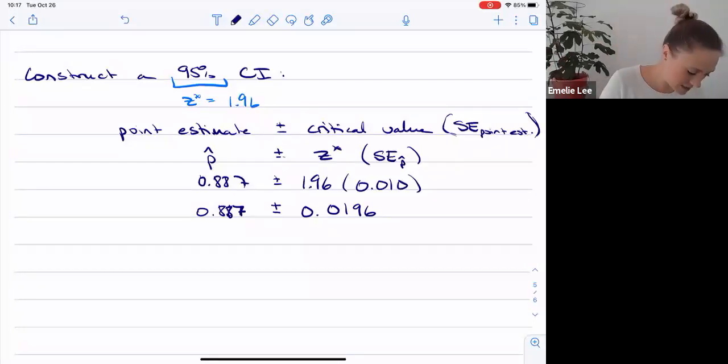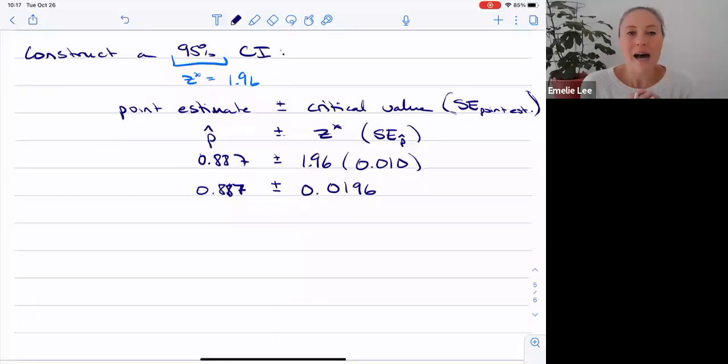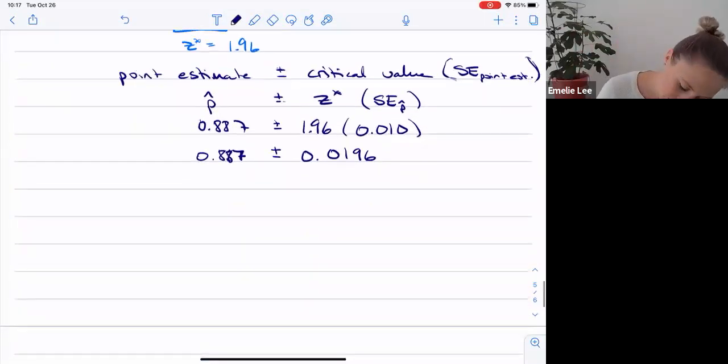So I get 0.887 minus 0.0196. How you report these intervals is using round brackets: you have your lower bound, separated by a comma, and then your upper bound. Here I'm going to show you what it should look like.